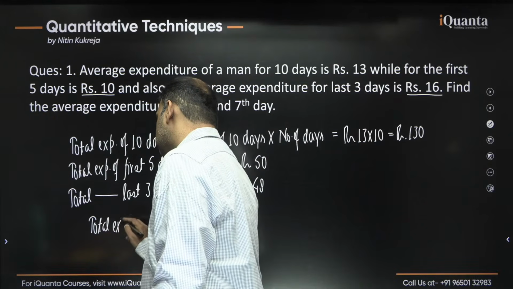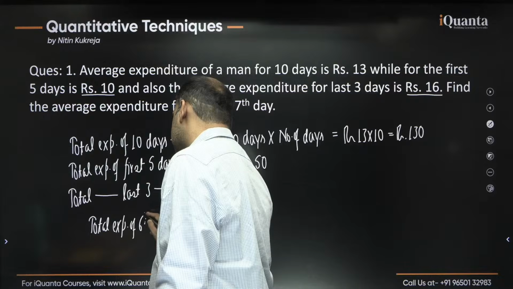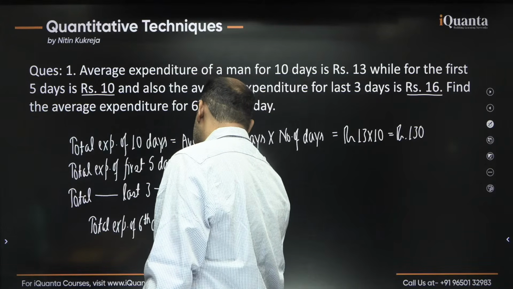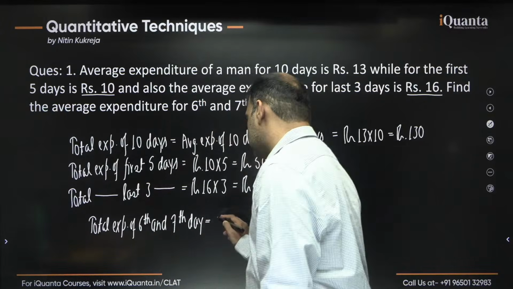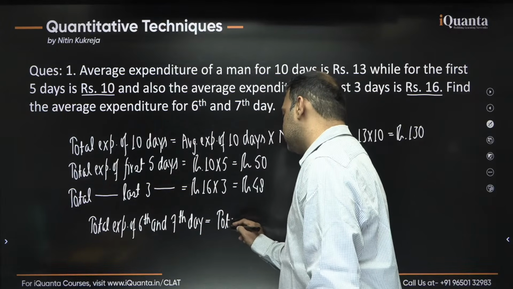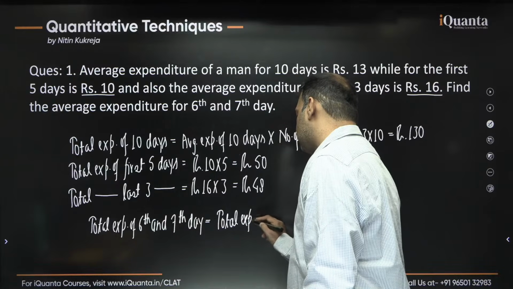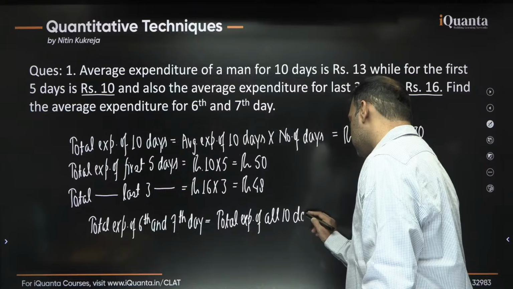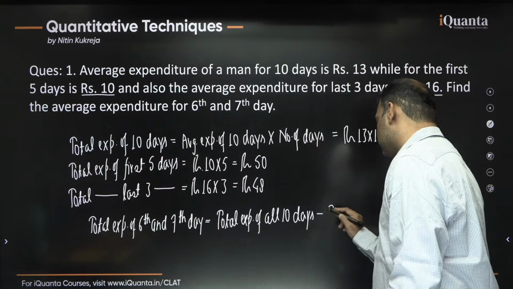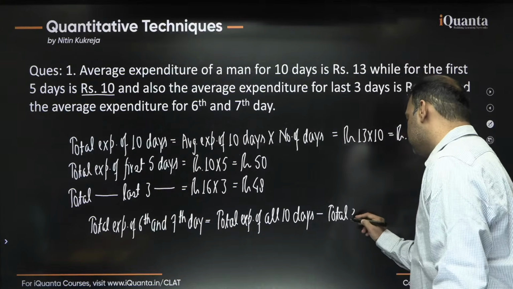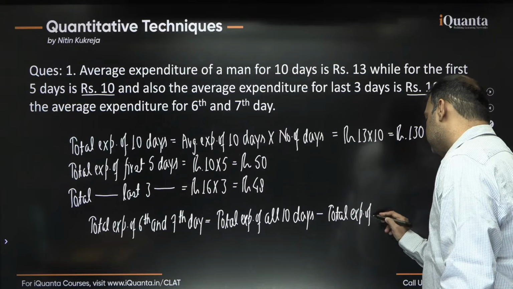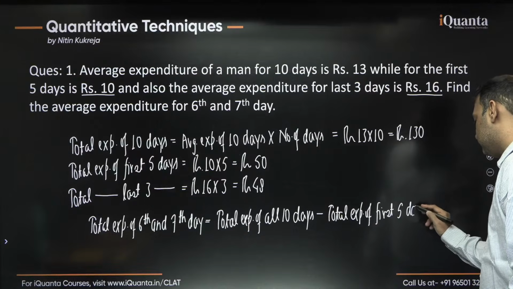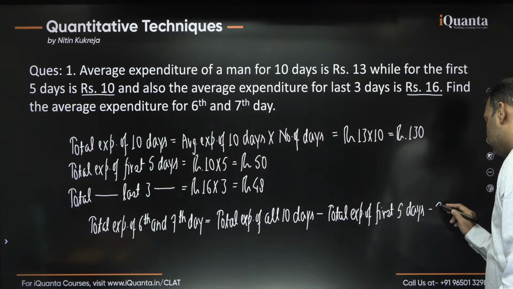We can say this is equal to the total expenditure of all 10 days, minus the total expenditure of the first 5 days, minus the total expenditure of the last 3 days.